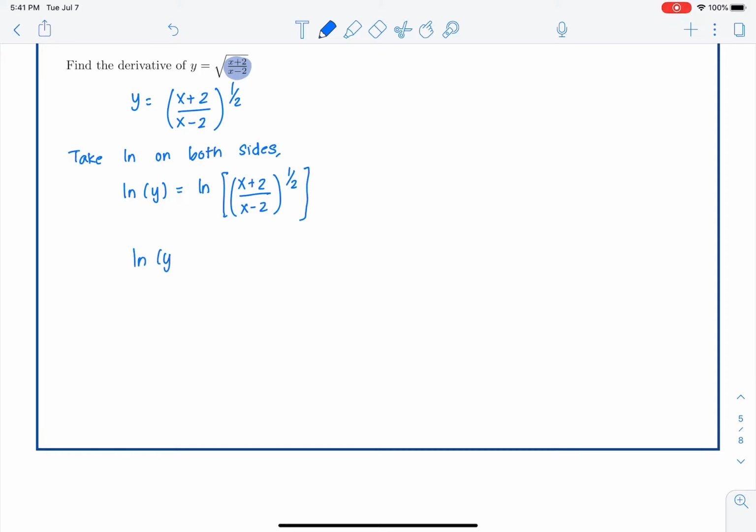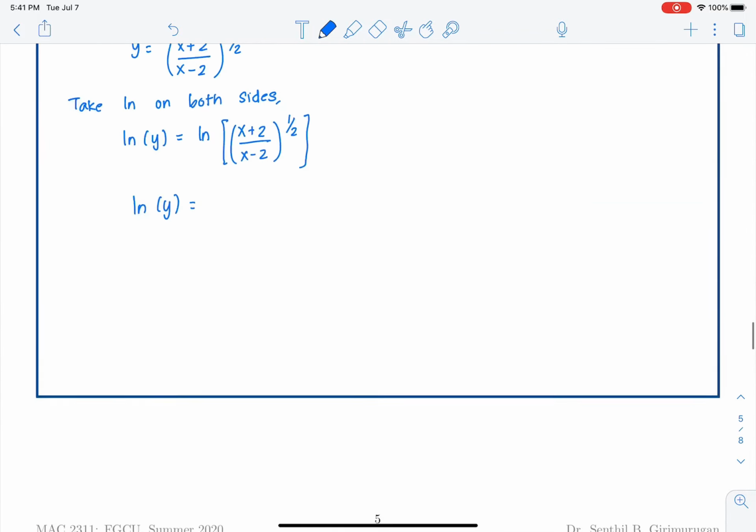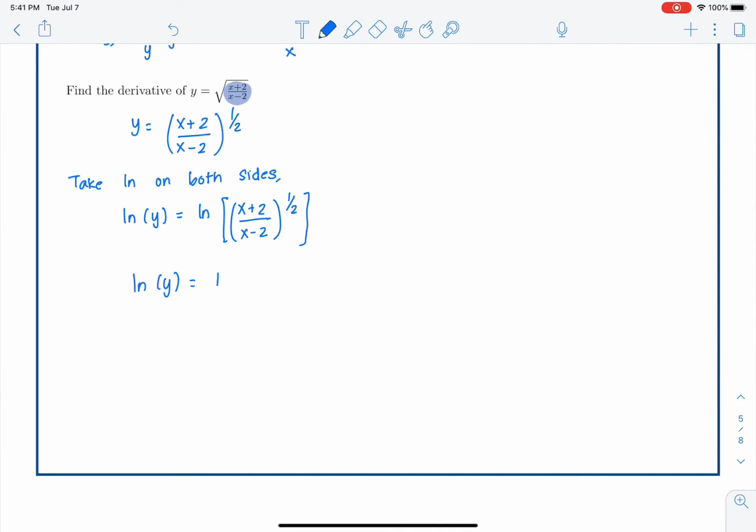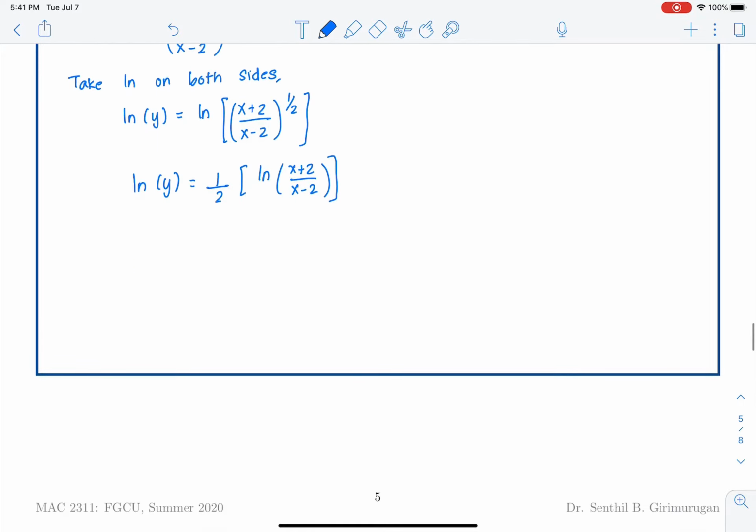ln of y, again using the rule, the 1/2 would come to the front, we'll have ln of x plus 2 over x minus 2.